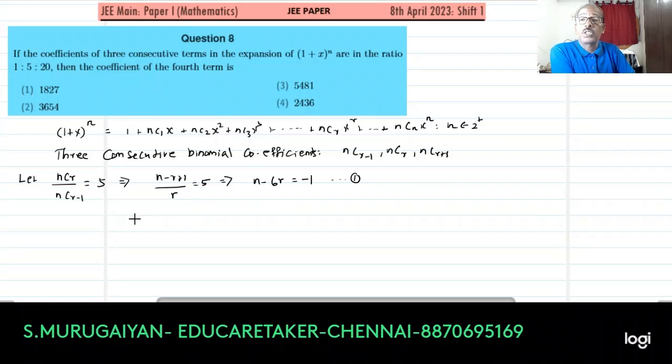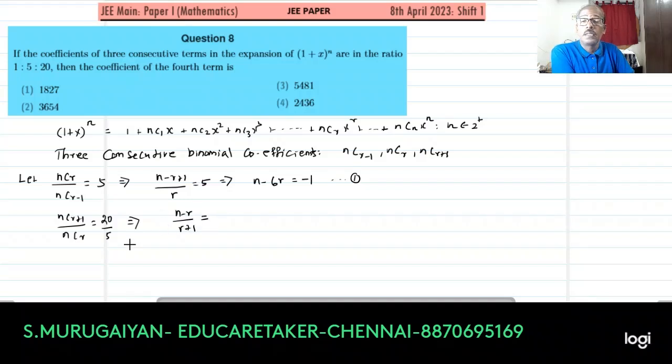One more ratio we can take, NCR plus 1 by NCR. From the data, 20:5 is nothing but 4. Then in the numerator we take n minus r, and in the denominator the suffix of the numerator, r plus 1.